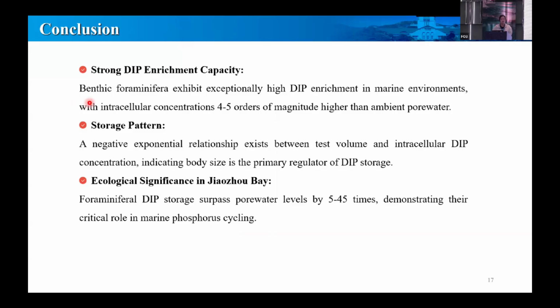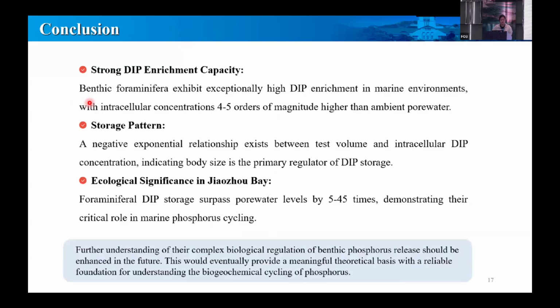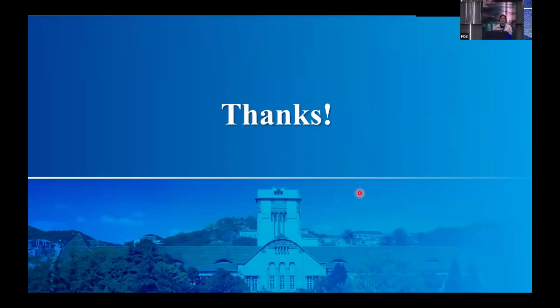Foraminifera DIP storage is high, demonstrating their critical role in marine phosphorus cycling. Further understanding of their complex biological regulation should be enhanced in the future. This would eventually provide a meaningful theoretical basis for understanding the biogeochemical cycling of phosphorus. That's all for my presentation. Thank you.